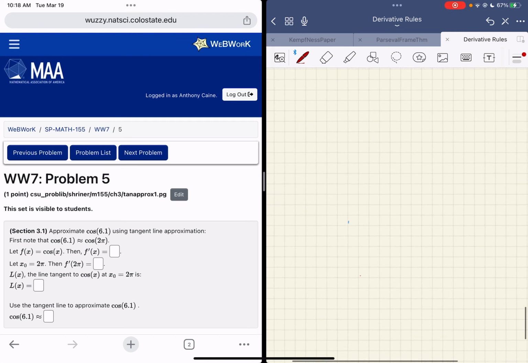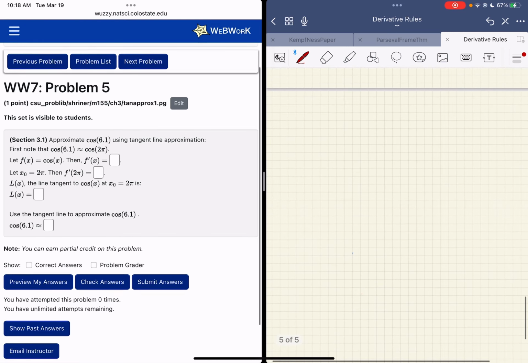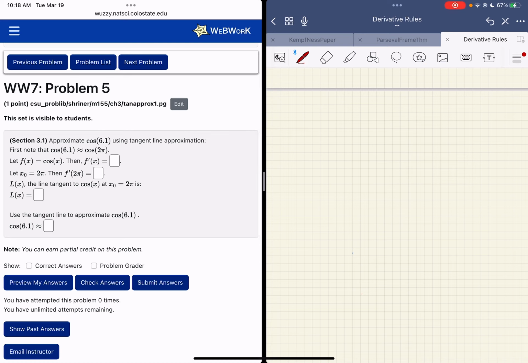Okay. We want to approximate cosine of 6.1 using the tangent line approximation. All right, well, this is approximately cosine of 2 pi, and that is 1, so I already know the answer is going to be 1, but whatever, let's see it happen. So why do I say that? Well, 2 pi is about 6.28 because pi is about 3.14, so we multiply by 2 to get there, right?